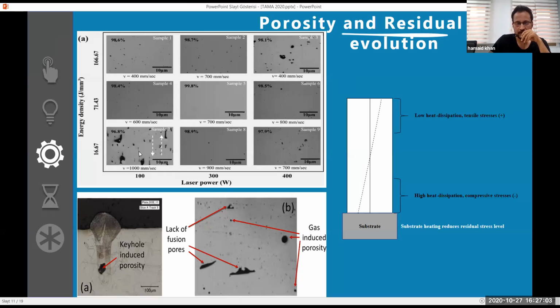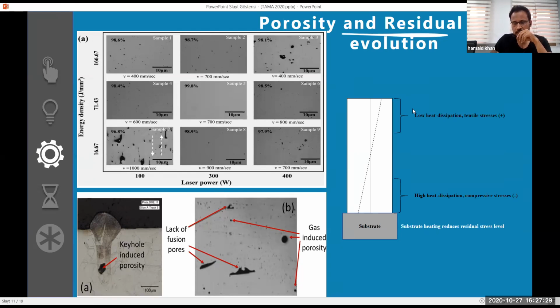If we are not using the right laser power or energy density, then there will be a lot of pores, different types of pores, like keyhole types and gas-induced porosity. Gas-induced porosities are generally formed due to the escape of gases, and other pores are formed because of incomplete melting of the fusion particles. Obviously, when you input less energy, the particles will fail to melt. So high densification is a requirement here.